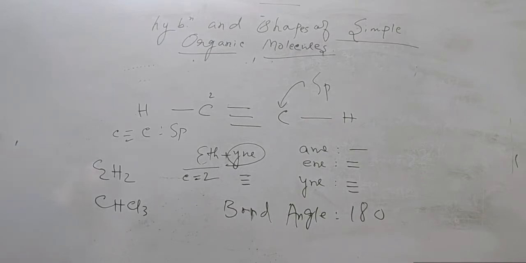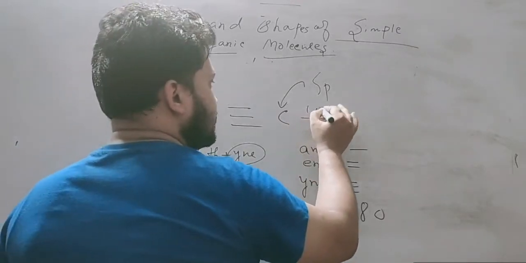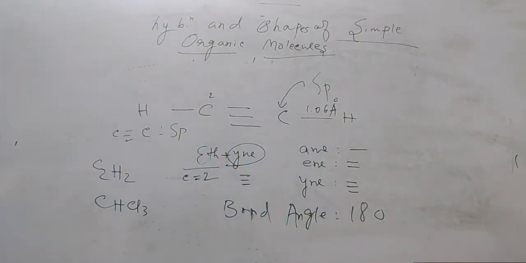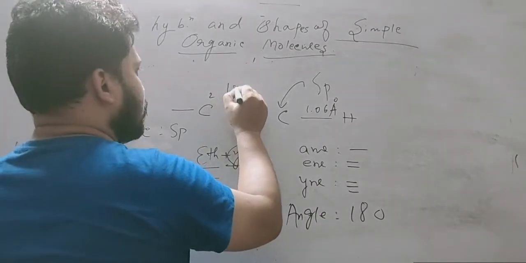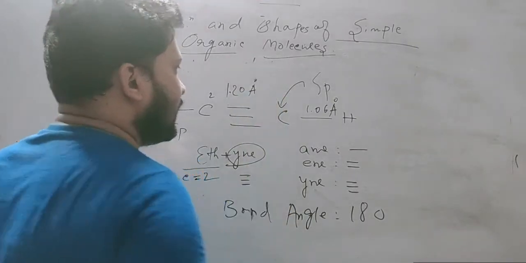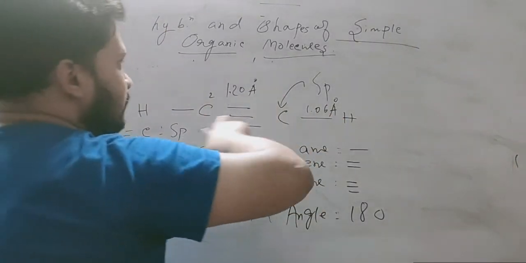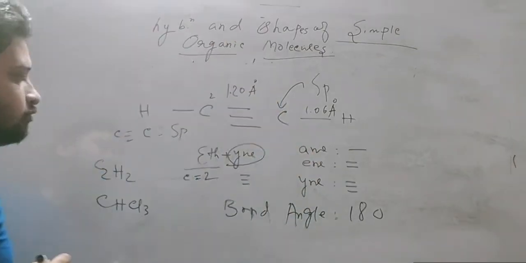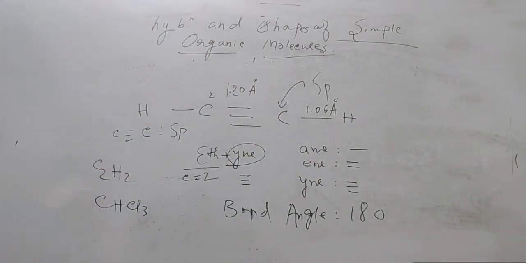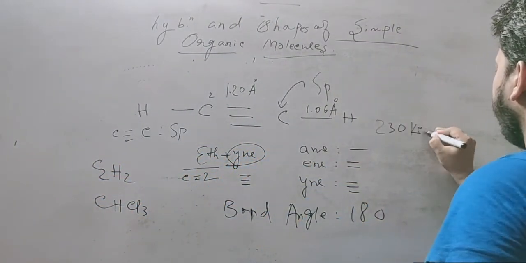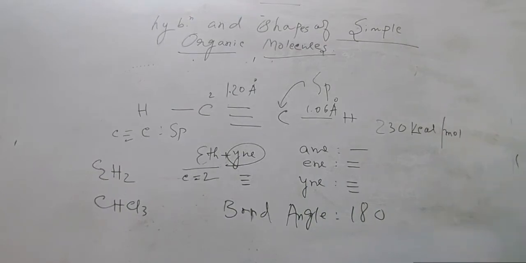Any doubt? The carbon-hydrogen bond length is 1.06 angstrom, and the carbon triple bond is 1.20 angstrom. The energy required to break this is 230 kilocalorie per mole.